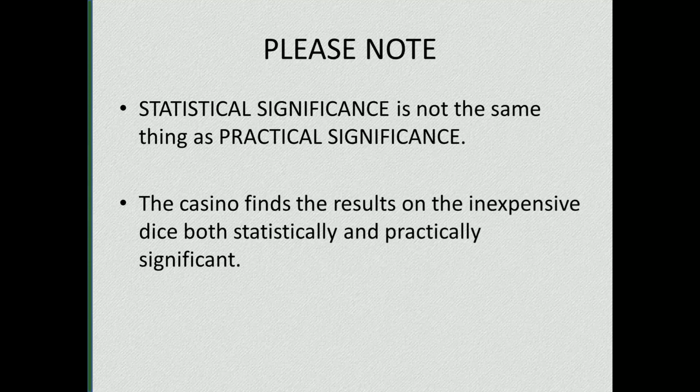That's half the profit margin. And that is why the casino is ponying up the bucks to buy those expensive precision dice. They find the inexpensive dice to be not just statistically significantly unfair, but also practically significant.